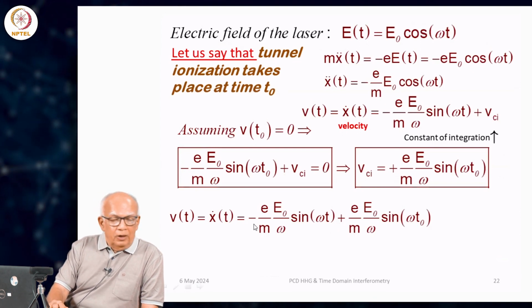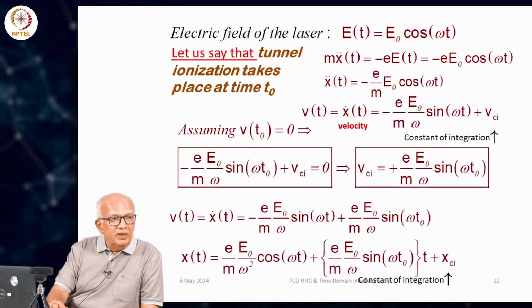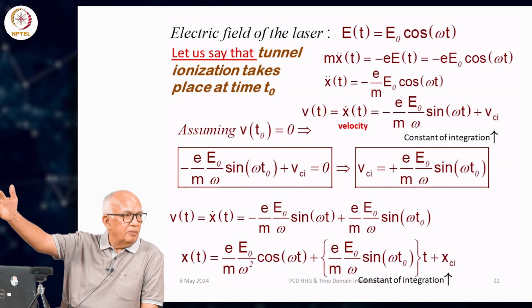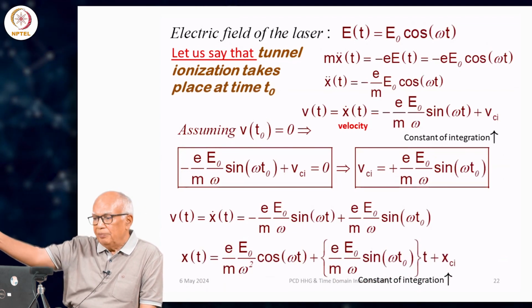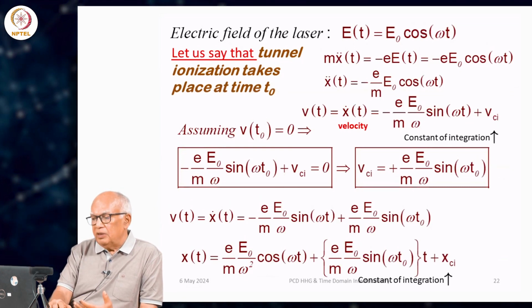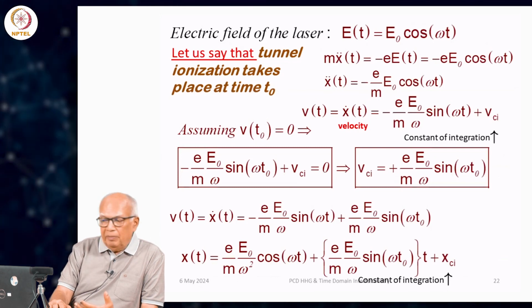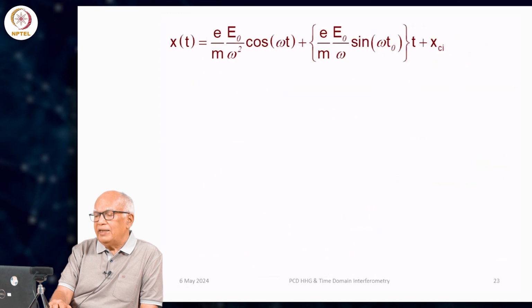So now you integrate this again to get the position. This is the one that we were talking about, which is up to 60 many atomic unit dimensions, and that involves a constant of integration. Its actual value will of course depend on this constant of integration, but we can determine this as well, and that is what I do on the next slide.